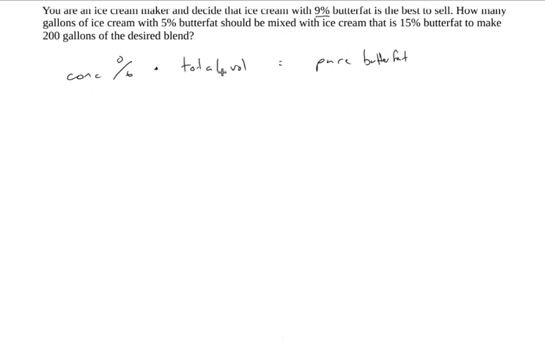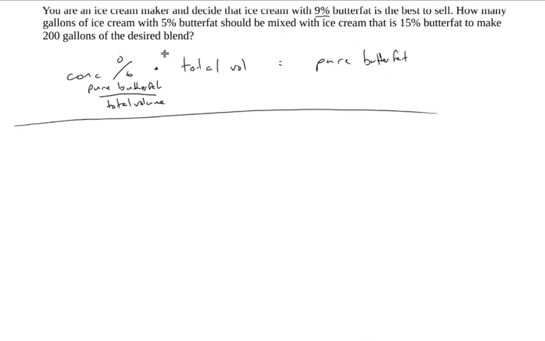And again, I'm figuring this out because it makes sense that this concentration would be pure butterfat per total volume. So when I multiply by total volume, I would get pure butterfat. I'm just interpreting what that rate says.